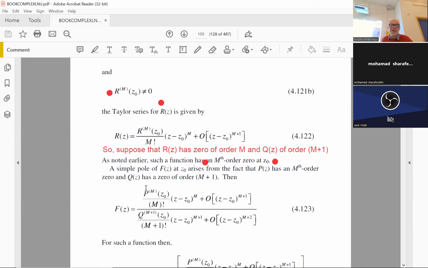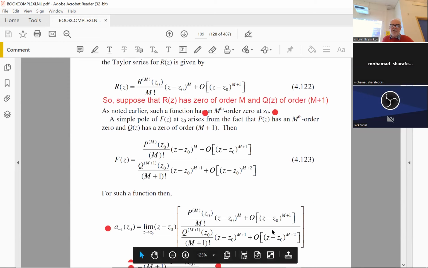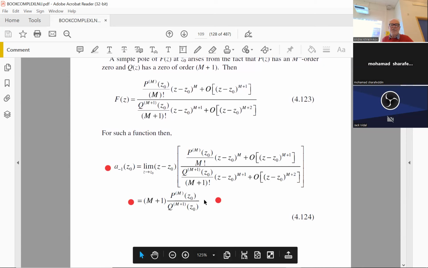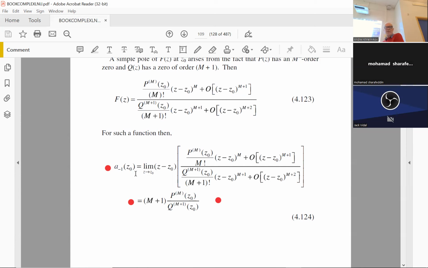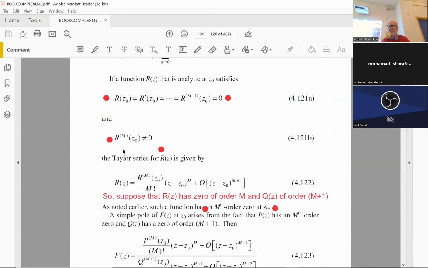Then we expand the numerator into a Taylor series, and there is this term, and the denominator is 1 degree larger. If we now cancel them, we get this formula. So this formula to calculate the residue, or the coefficient of degree minus 1, is given: we differentiate the numerator as many times as the degree of the zero, which was m, to get a non-zero number.